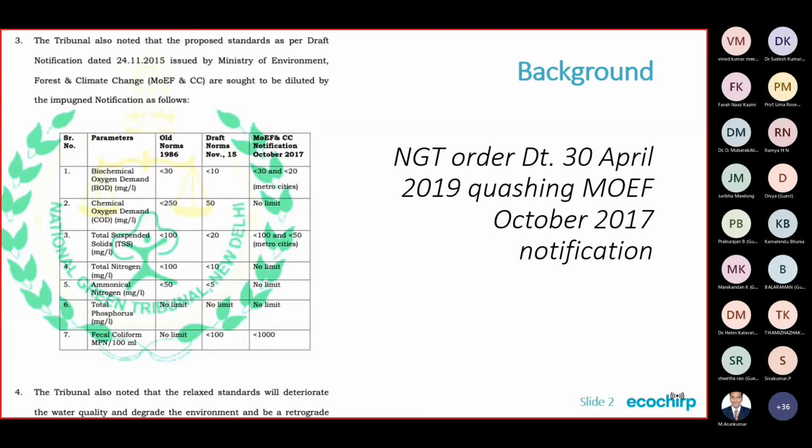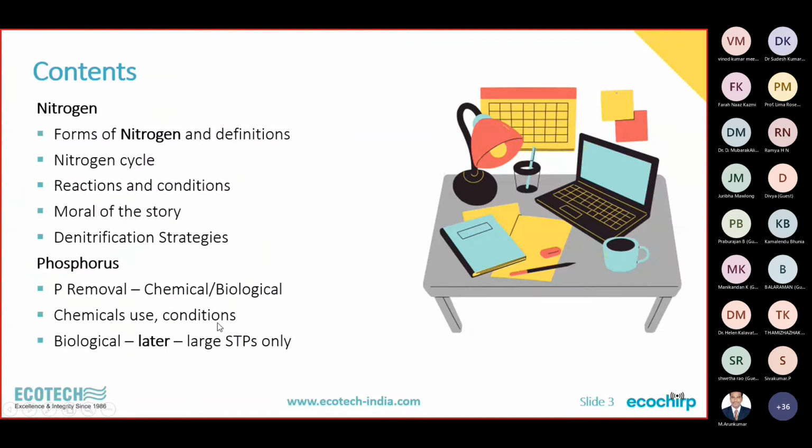And some people went to the NGT as a public interest litigation. And this is the NGT order of 2019, which reintroduced these limits for total phosphorus and nitrogen.